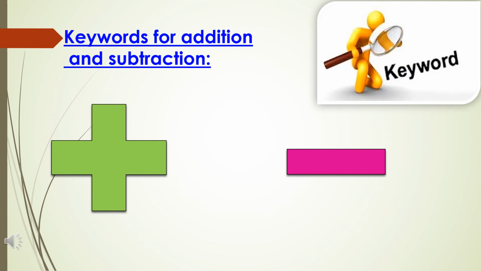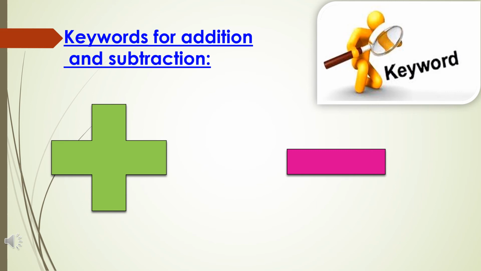And we said that we should underline the keyword. What do we mean by keyword? Keyword means the word that, if we see it in the story problem, we will know that it means addition or subtraction. It tells us if it is addition or subtraction.